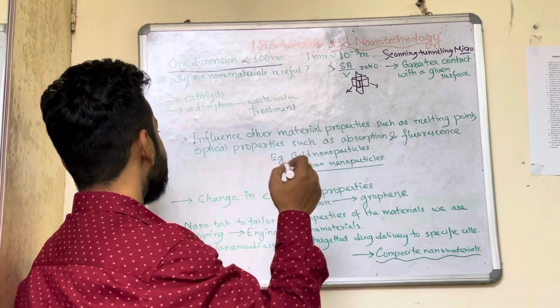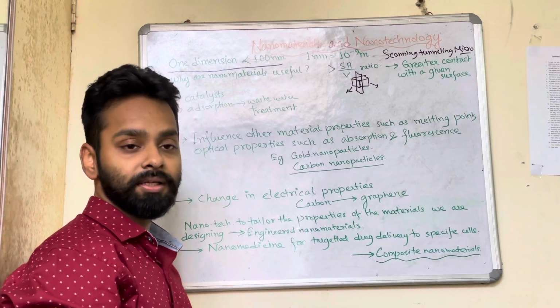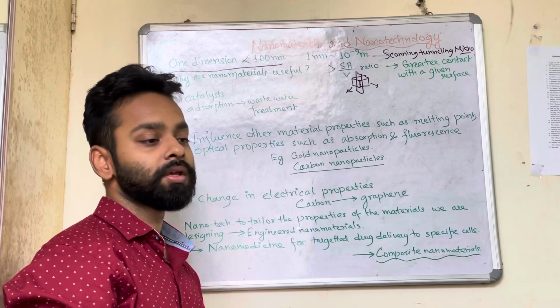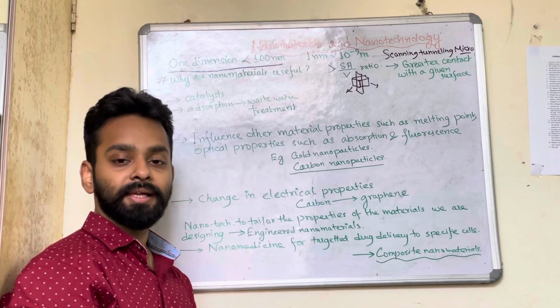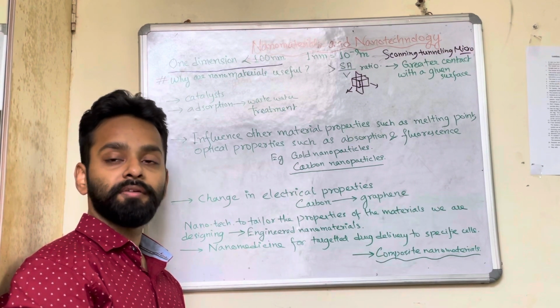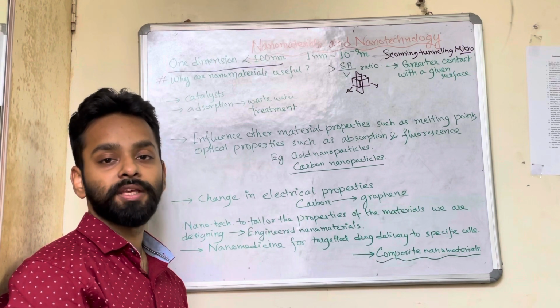Also, apart from their use as catalysts, they have the ability of showing high adsorption, which is a surface phenomenon. With more surface area, they can adsorb more materials on their surface. That is why nanomaterials such as activated charcoal are often used in wastewater treatments.